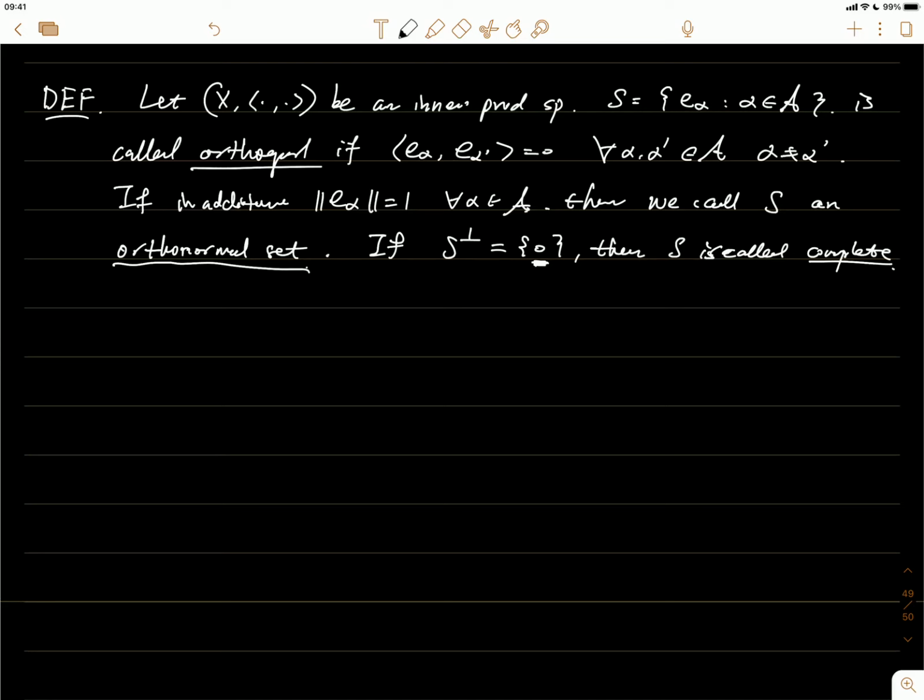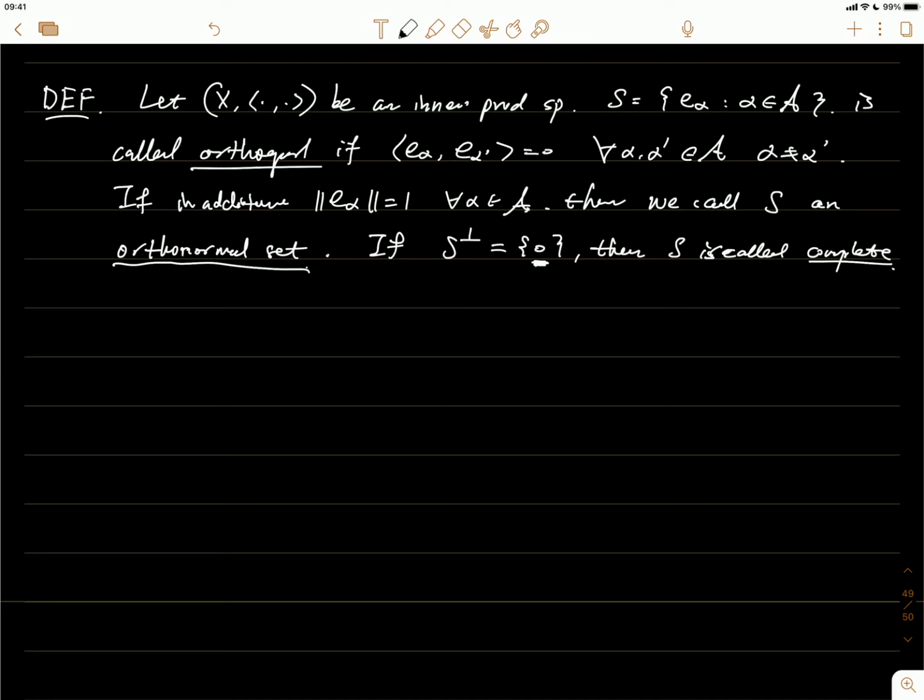Now we are considering in which case an inner product space has a complete orthonormal set, because having only an orthonormal set, we can use it to span a linear subspace.